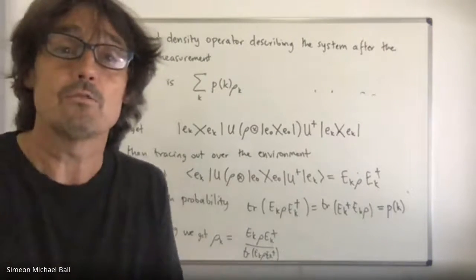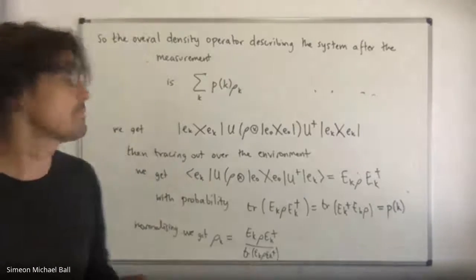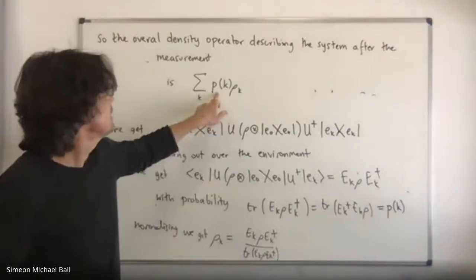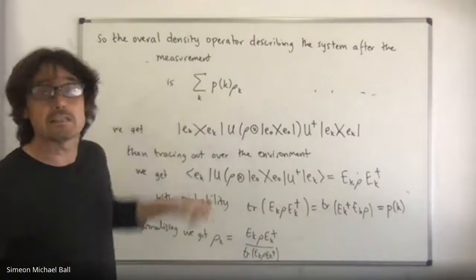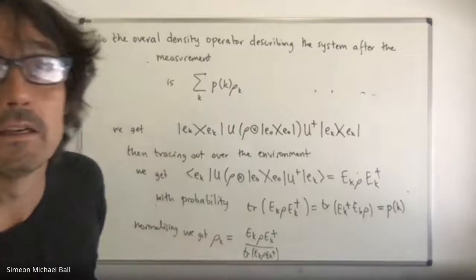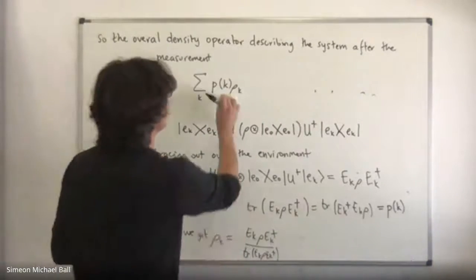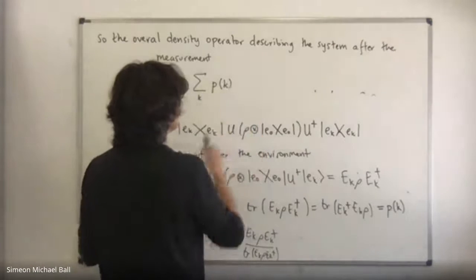It'll be if we don't know what the system is after we've done a measurement, but we know that it should be this rho_k with this probability, so that allows us to describe the system after the measurement, even if we don't find out what the result is.